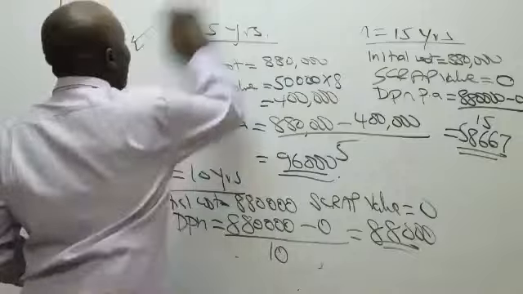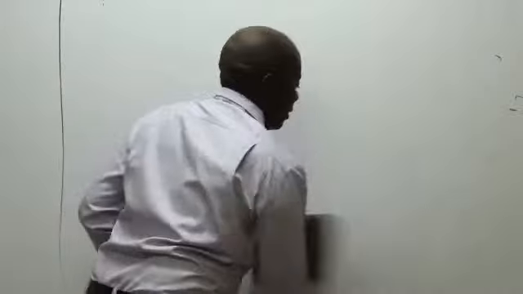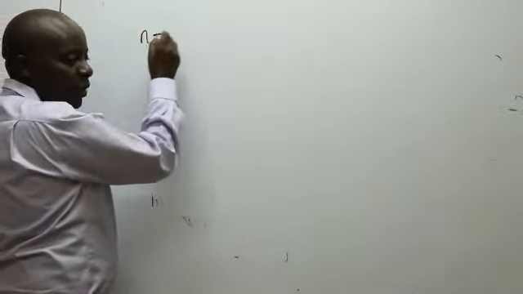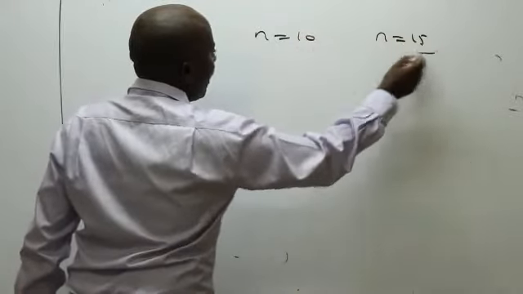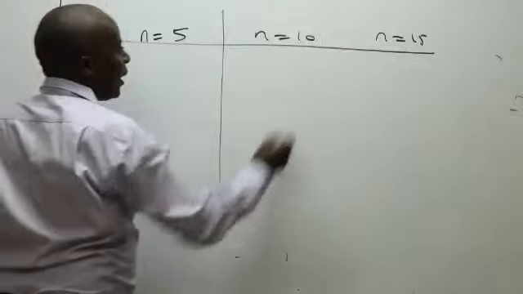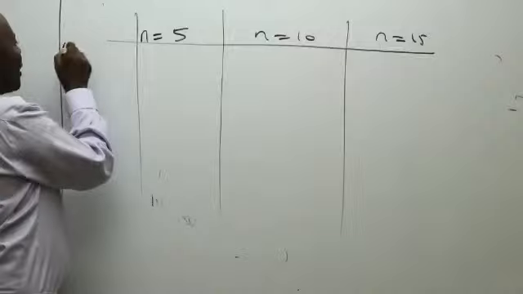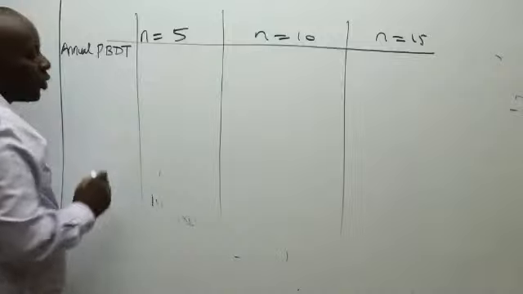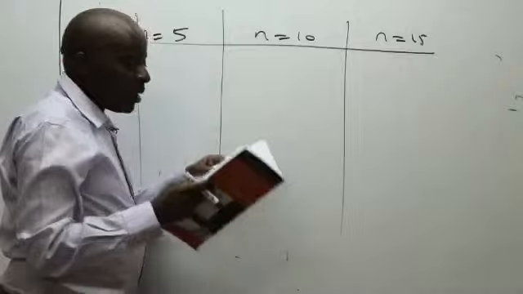So come and give us this working of our cash flow statement when n is 5, when n is 10, and then when n is 15. How does our cash flow statement look like? Our benefit is the annual increase in profit before depreciation and tax. 500,000.